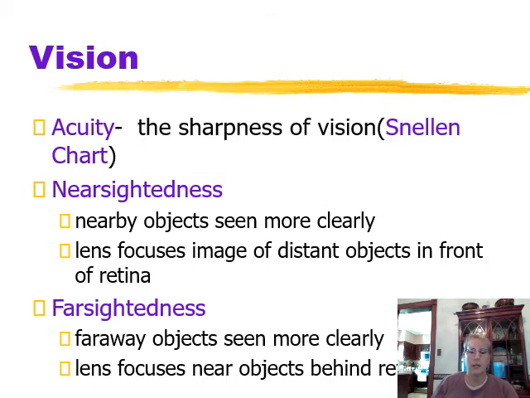Now, nearsightedness and farsightedness. So many people confuse this. If you are nearsighted, that tells you what you can see. So if you're nearsighted, you can see near, you have trouble with distance. If you're farsighted, you can see far away, but you have trouble with things close up. All right, and a lot of times this starts to show up as you age.